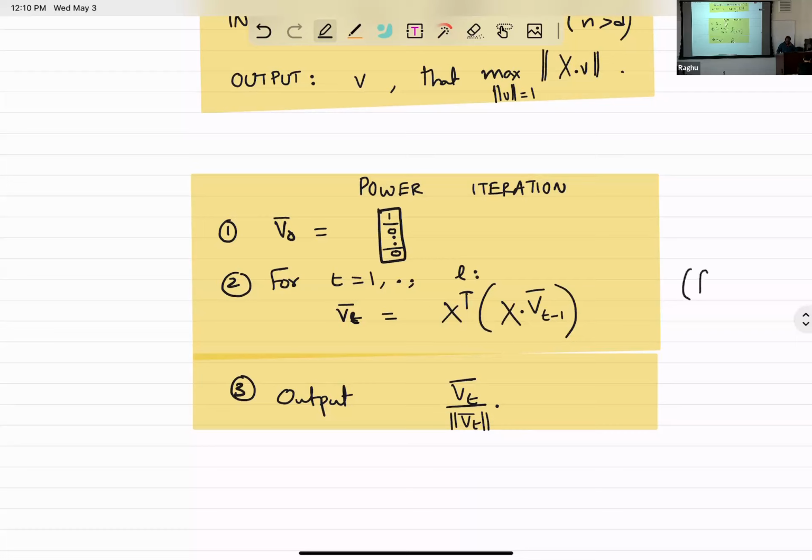Okay, so recall Y is X transpose X. Okay, and the other thing is what you're doing here is I'm multiplying with this matrix again and again, and I'm normalizing at the very end. Okay, and this could be terrible in practice because every time you're multiplying, you might be increasing the norm by a factor of 2. You do it 100 times. You might end up with numbers of the magnitude 2 to the 100, which you then have to scale down by 2 to the 100, right? So you'll run into precision issues. So what would be a better way or more sort of stable way to implement the same algorithm?